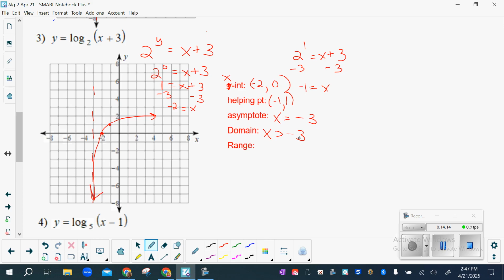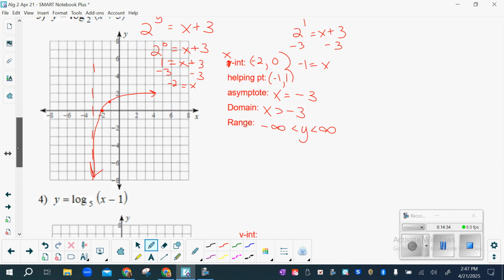I think Cohen knows. So see this arrow here? It goes up slowly, but it goes up towards infinity. What about this arrow here? It goes down towards -infinity. So we have -infinity to infinity. So go ahead and do number 4 as your try.